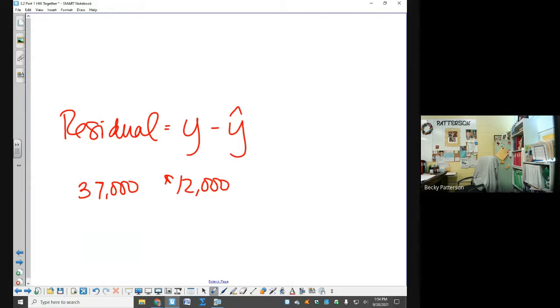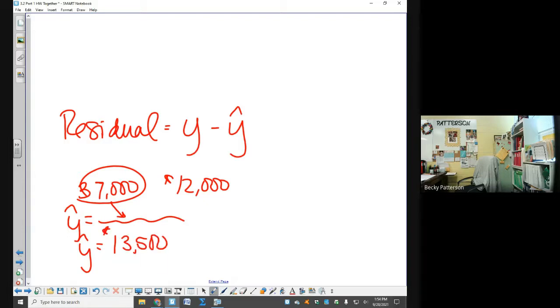Now, I'm going to use my prediction equation, plug in 37,000, and get a predicted sell value of $13,500. Tell me about my truck.